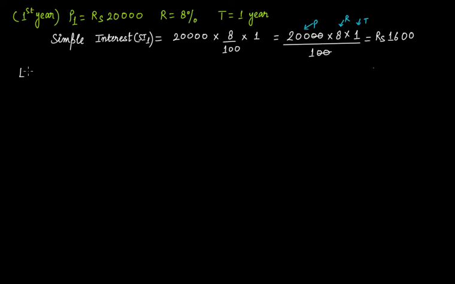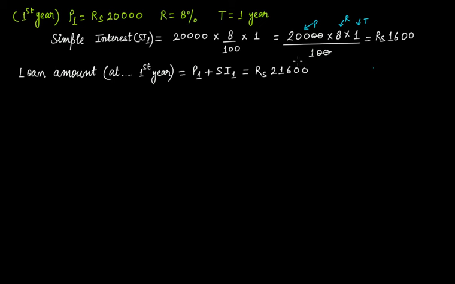What will be the loan amount at the end of the first year? It will be equal to P1 plus SI1, that is equal to 20,000 plus 1600, which is rupees 21,600.